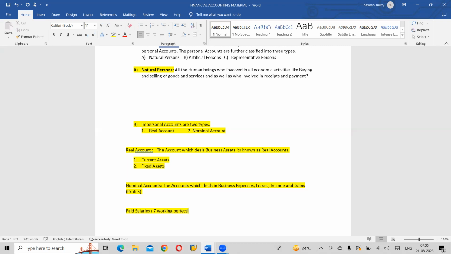They're giving 100% production or whatever services they are giving. So for these 7 members we are paying 10,000 each, 70,000. We are getting some sort of return benefit from these 7 employees. Clear? Then that will be considered an expense.